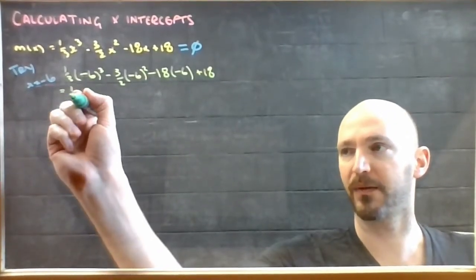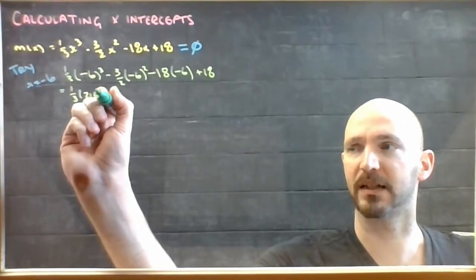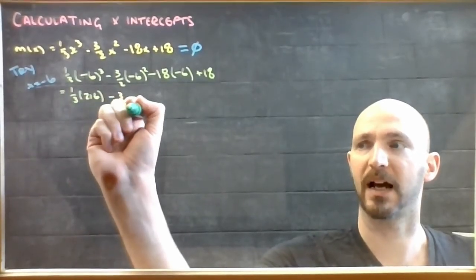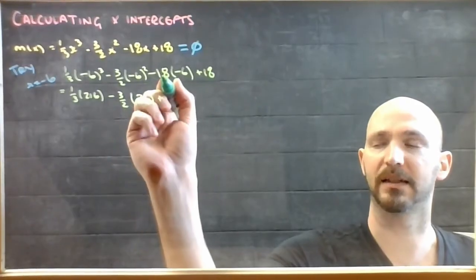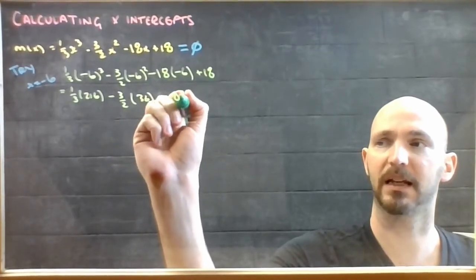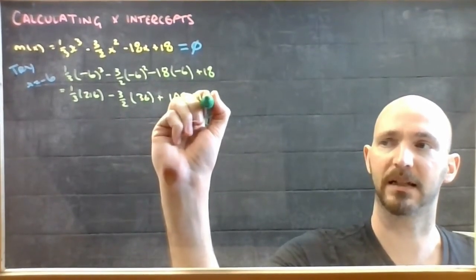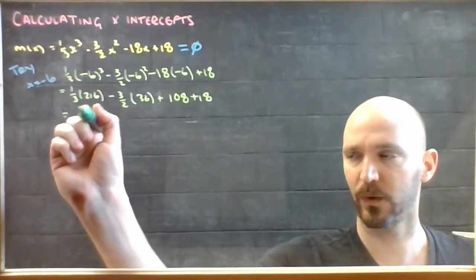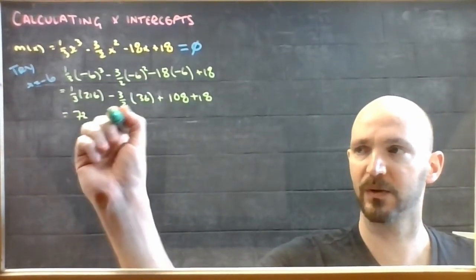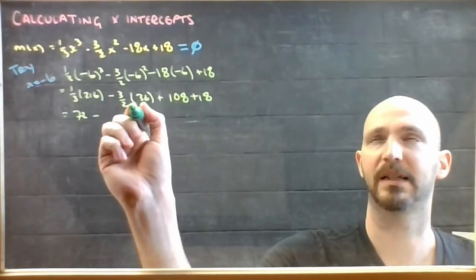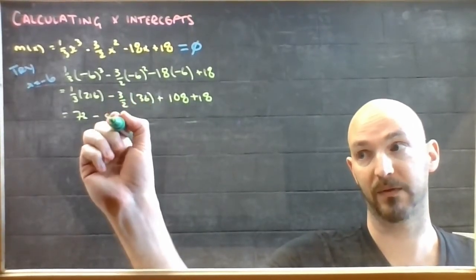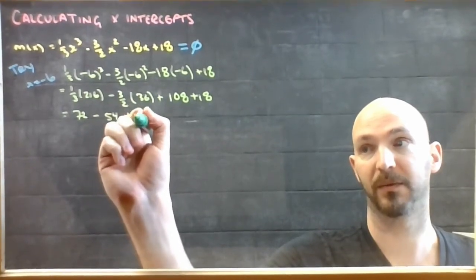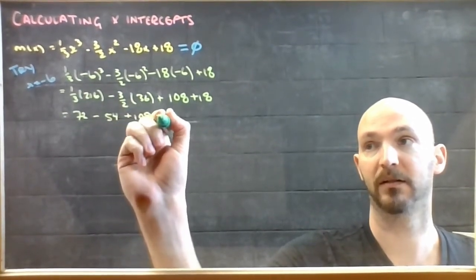Well, that will be 1/3 of 216 minus 3/2 of 36 plus 60 plus 108 plus 18. 1/3 of 216 is 72. Half of 36 would be 18. 18 times 3 would be 54. Plus 108 plus 18.